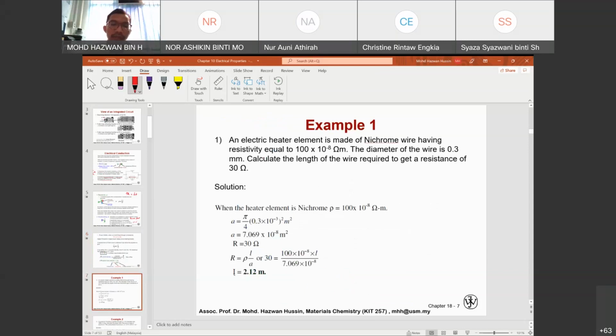So today we are going to look into a simpler example. Example 1. An electric heater element is made of nichrome. Nichrome is an element that is made from nickel and chromium.